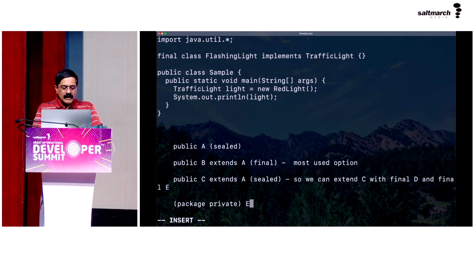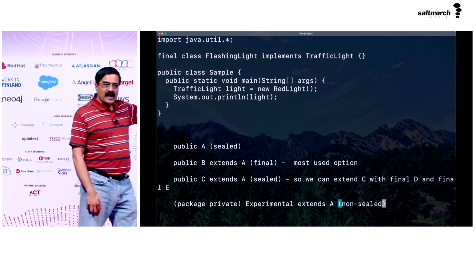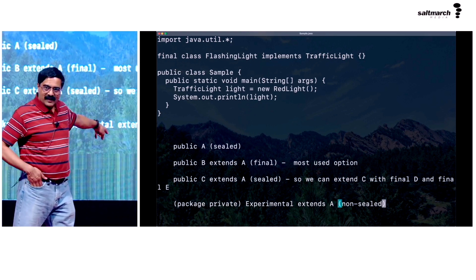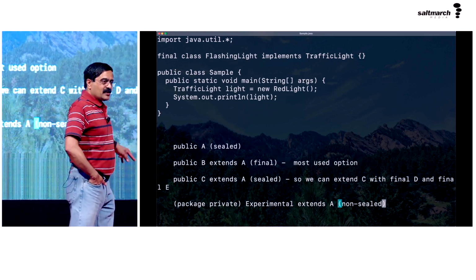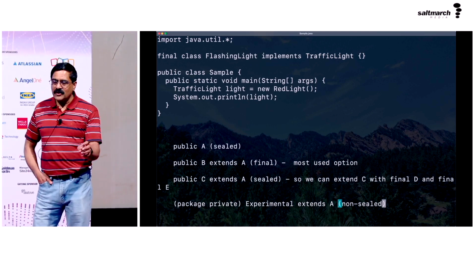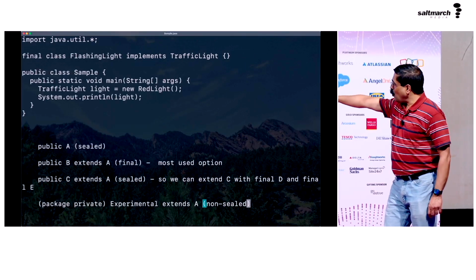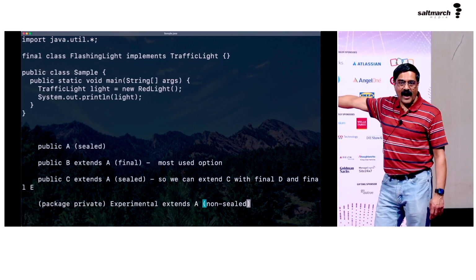And then call it experimental extends A. And in this case, you will mark this as non-sealed. So what's going to happen now? Your experimental is in a package private. So that means in your package, imagine you're part of the module system, your package contains experimental, but that opens up as non-sealed from A.